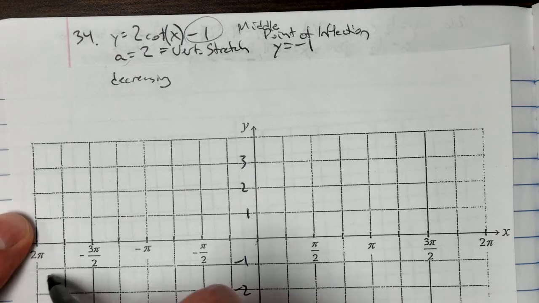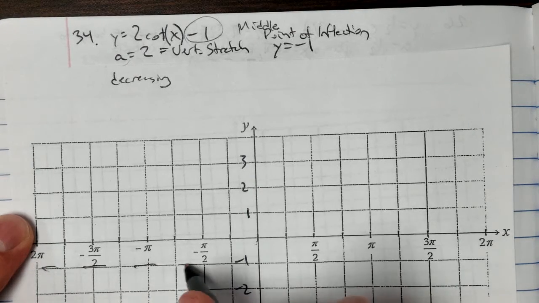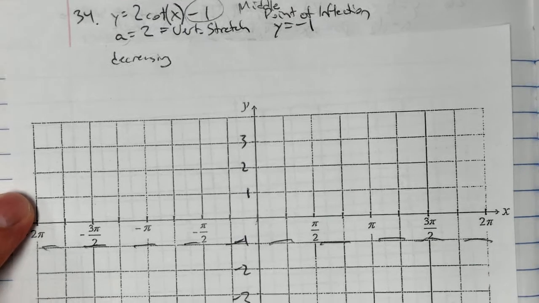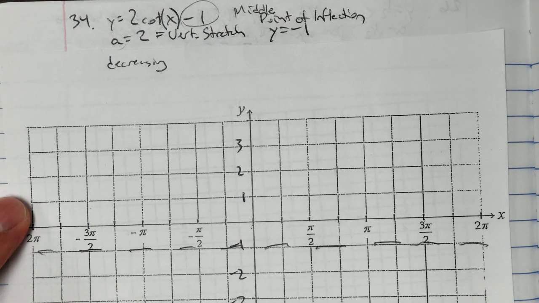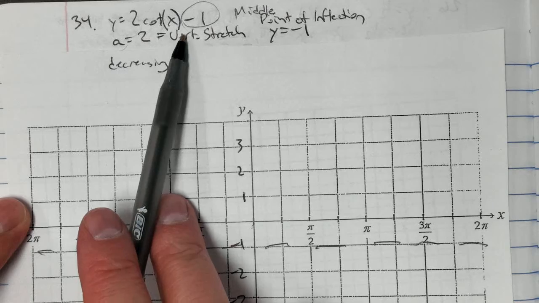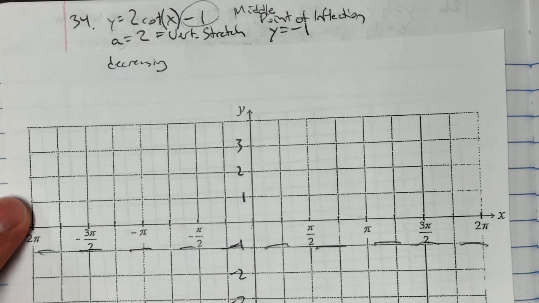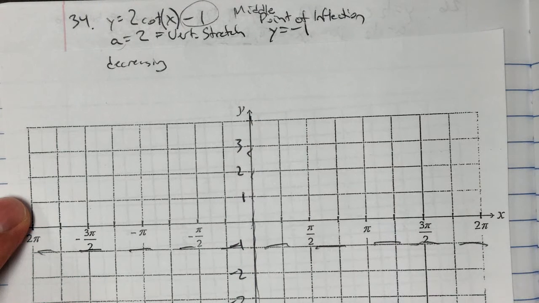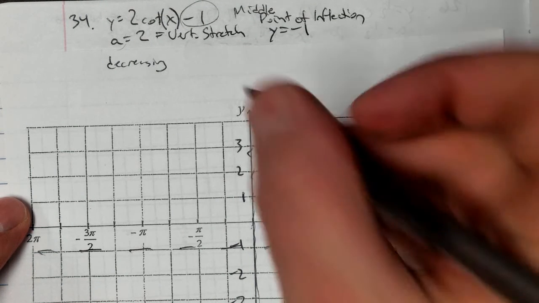At negative 1 is going to be our middle, like that. And it's a cotan graph, which means you have an asymptote at 0. Let's see, our period, or this is pi.